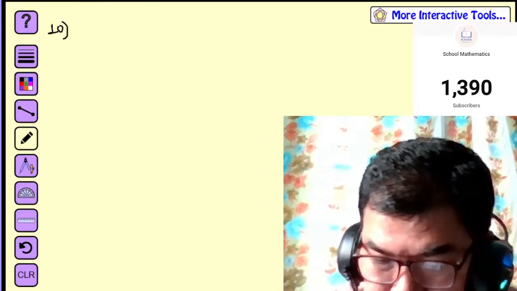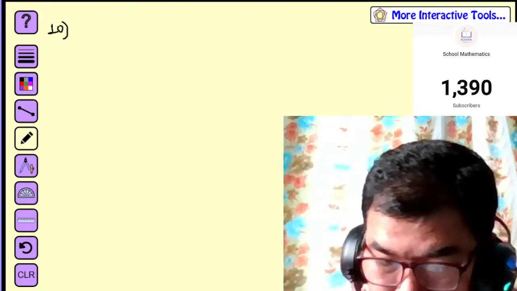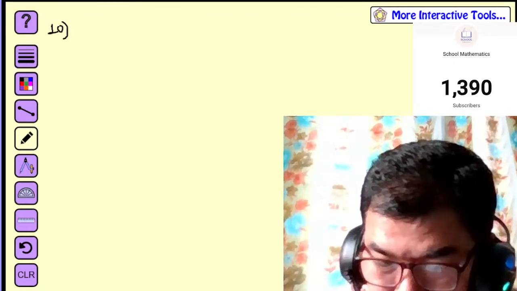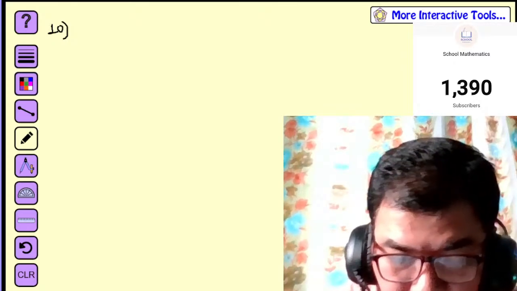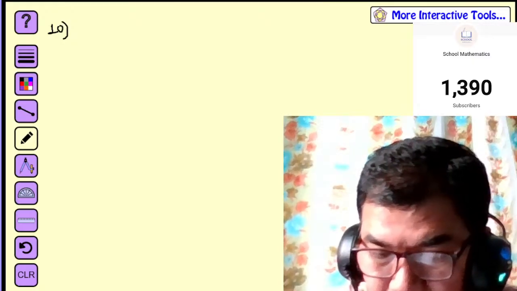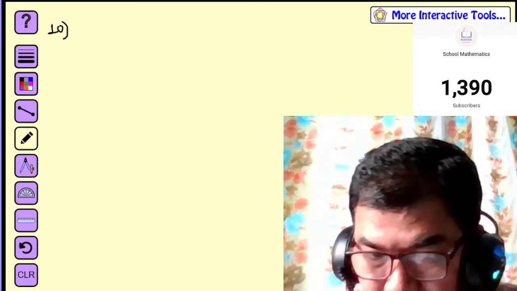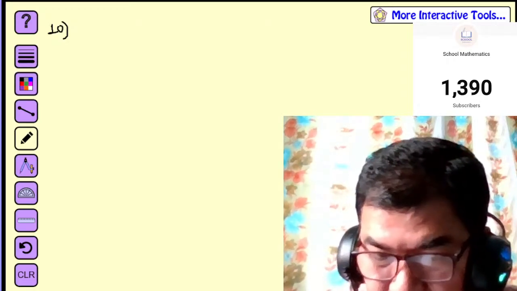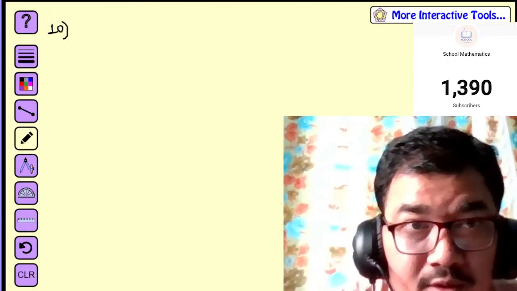In the locus, find the equation of the locus of the moving point. Okay, the question is given like this.